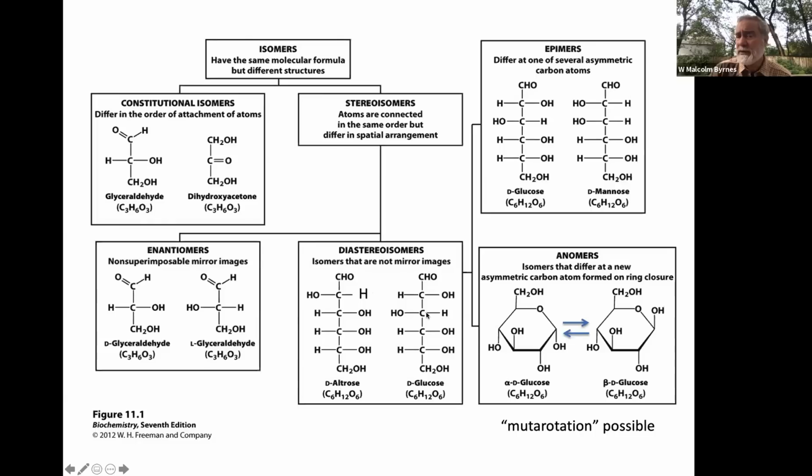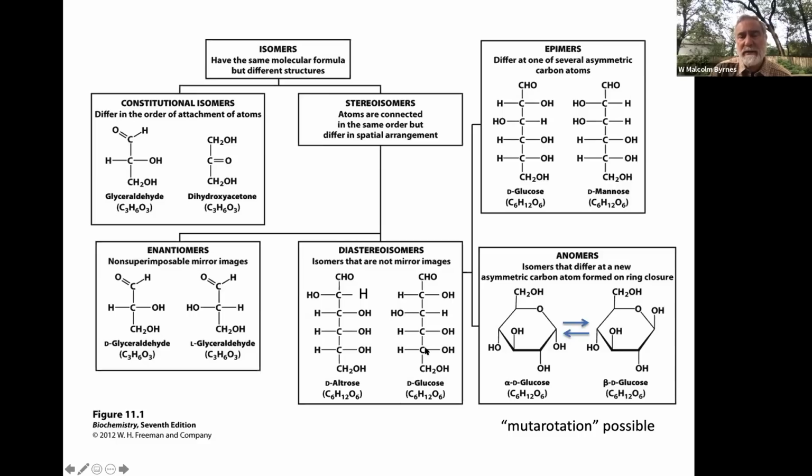So how do they differ between these two now? Well, on the second carbon, we see the OH is to the left in D-altrose, but to the right in D-glucose. That's one difference. Now let's look at the third carbon here. In D-altrose, that OH is to the right, but in D-glucose, it's to the left.